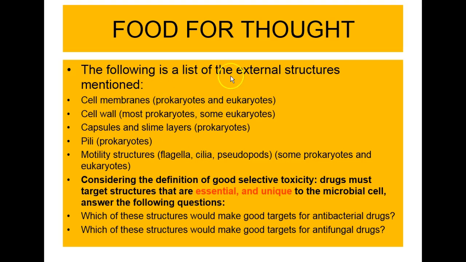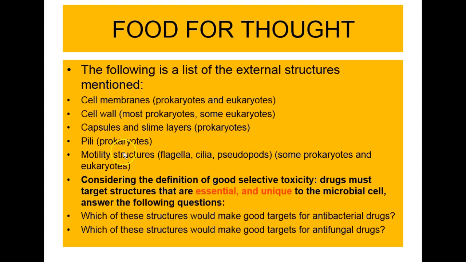The following is a list of the external structures mentioned. Cell membranes, cell walls, capsules and slime layers found in prokaryotes only, pili found in prokaryotes, motility structures.